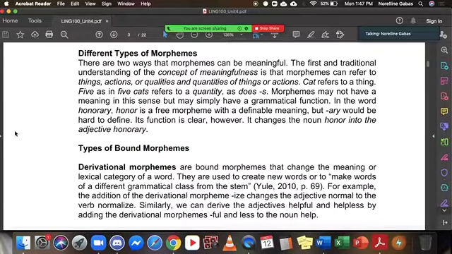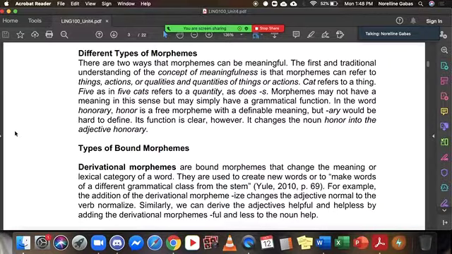So there are two ways that morphemes can be meaningful. The first and traditional understanding of the concept of meaningfulness is that morphemes can refer to things, actions, or qualities and quantities of things or actions. Cat refers to a thing.